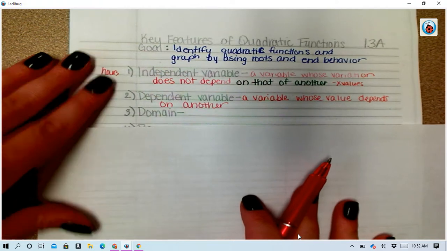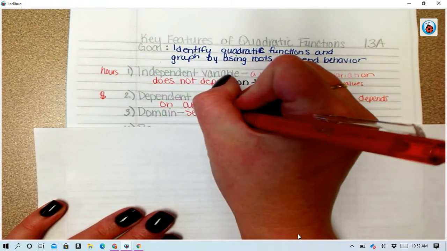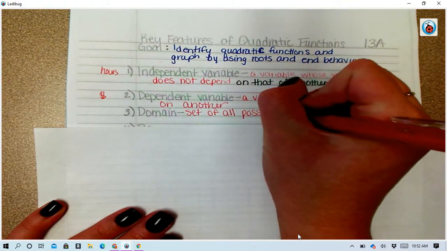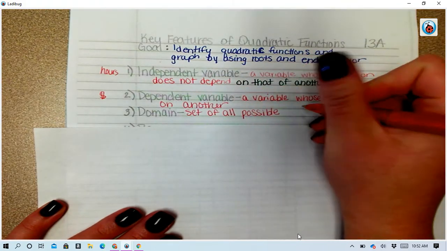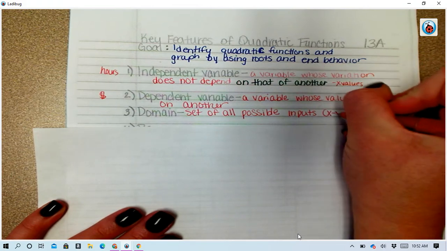Then we've got domain, and domain is your set of all possible inputs, or in other words, your x values.